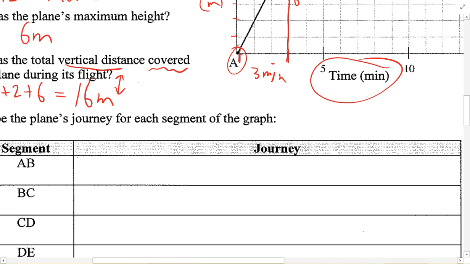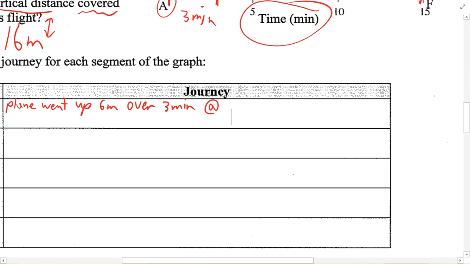So the plane rose, or you can use different words: the plane increased its height, or the plane went up, whatever you want. I'm going to say the plane went up 6 meters over 3 minutes at a constant rate of change.